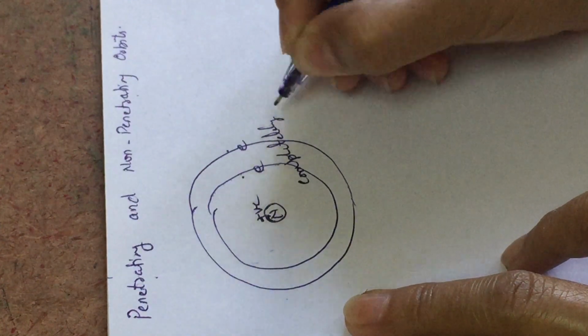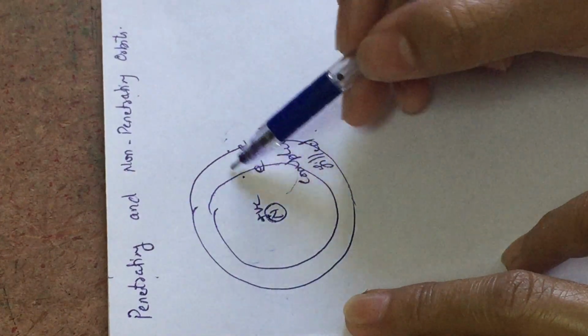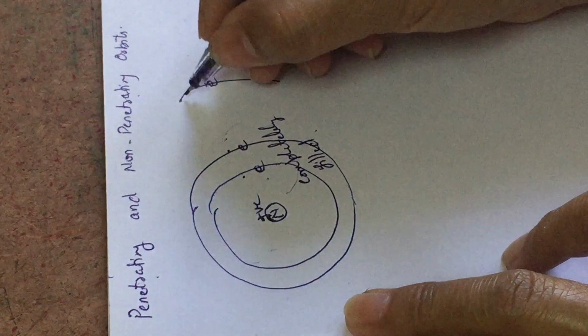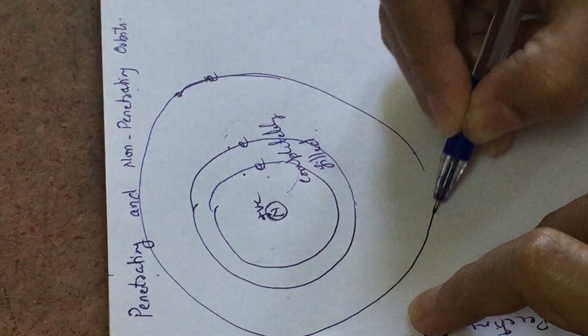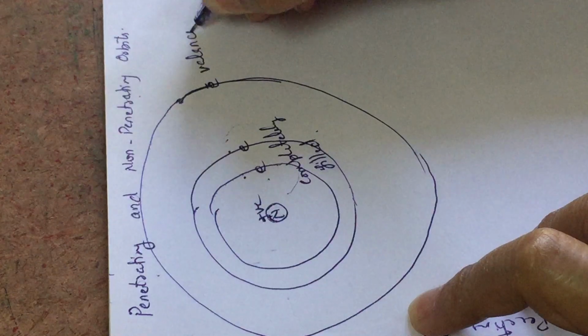These completely filled shells with electrons produce a shielding effect on the last electron moving in the outermost shell, and this electron is known as the valence electron.